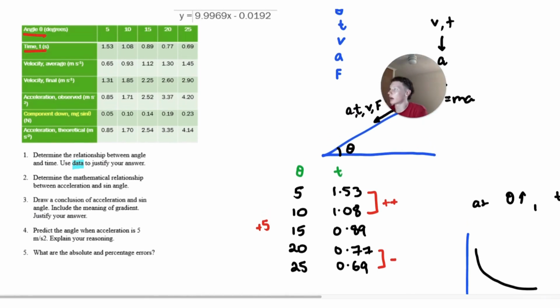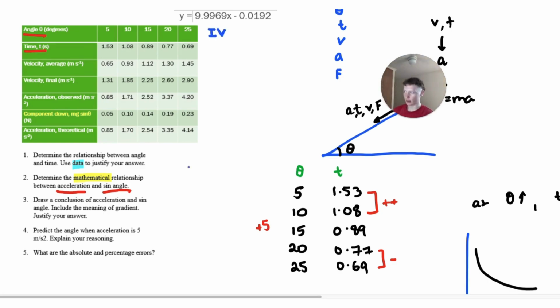The mathematical relationship is slightly different. What this implies to me, if we look at what we've got, is that it's talking about acceleration and sine of the angle. The angle here is our independent variable. That's what we're changing.